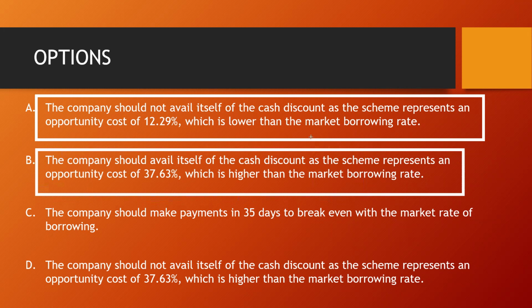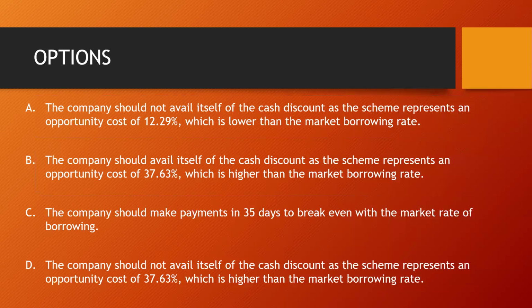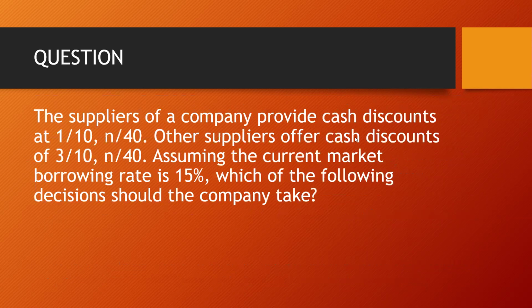I hope you understand it. So the answer is A, and why not B? They haven't made any purchase from them. So you need to think in this way. Read the question properly. That's it.